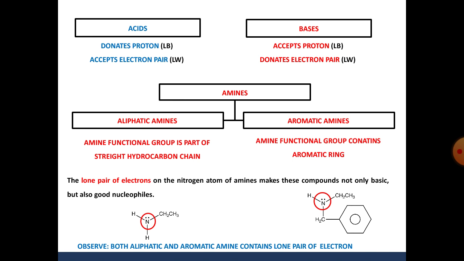It may be a primary amine, secondary amine, or tertiary amine, depending upon how many alkyl groups are there. Due to this lone pair, these are basic as well as act as nucleophiles, that is, electron rich moieties.